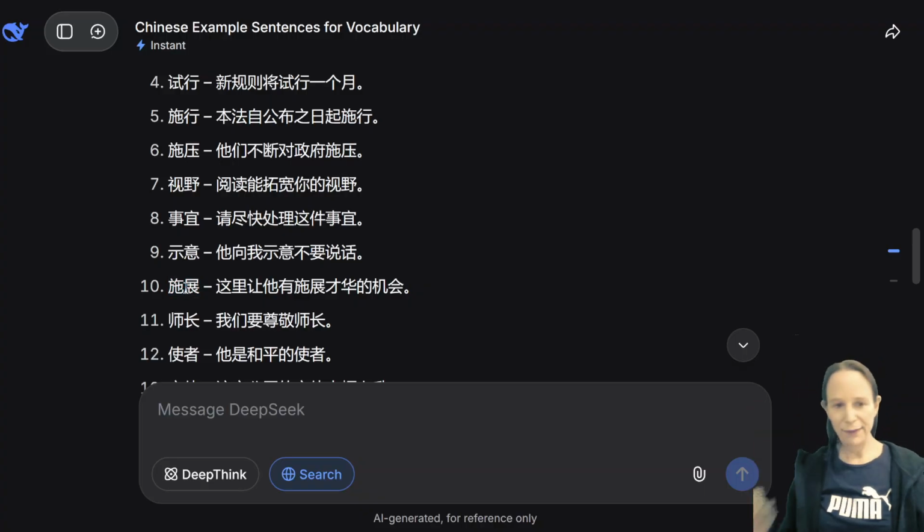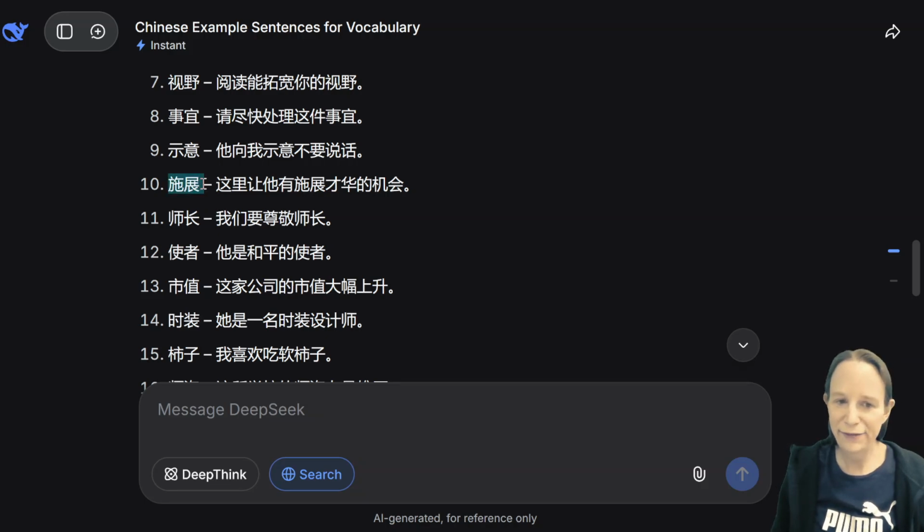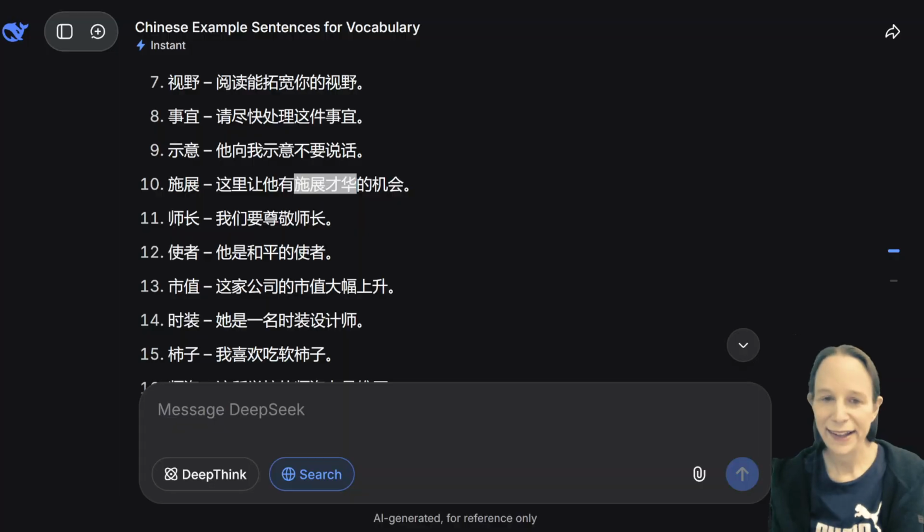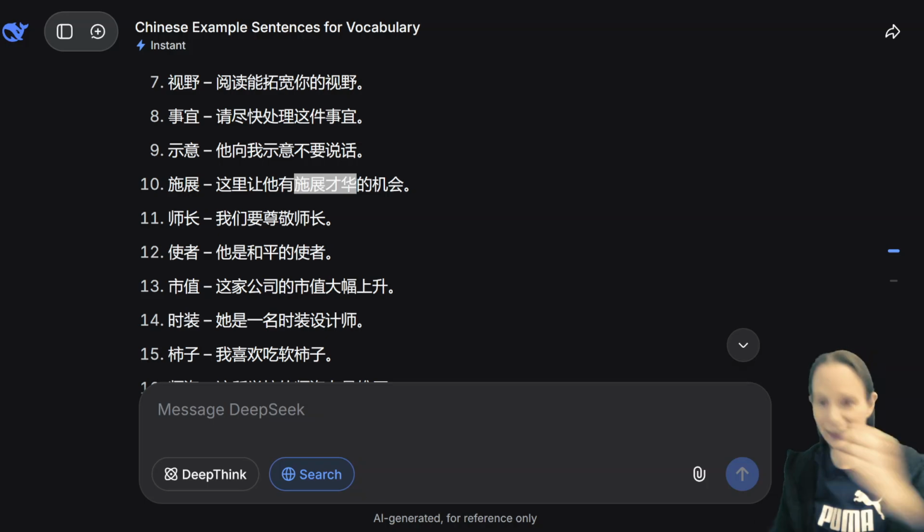So I'm not entirely sure what this means, but it's something like develop, in that family of words. 他有施展才华的机会. Okay, so he has opportunities to 施展 his 才华. 才华 is talent. It's going to be something like apply or develop. I think it's develop his talent.